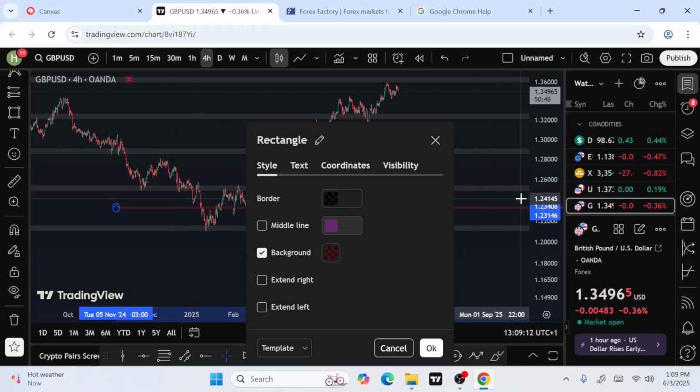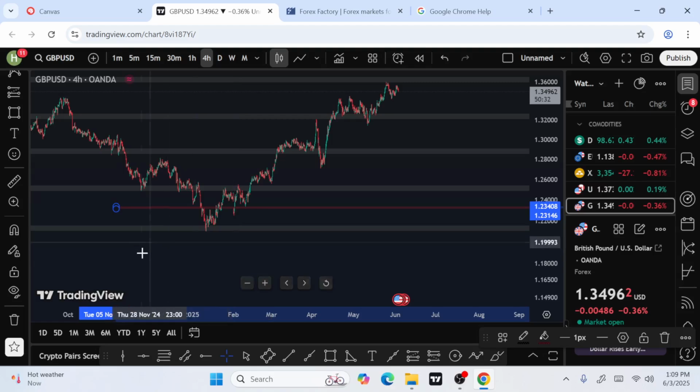Okay, let me return it back. If you extend right, it's going to extend from that point at which it got to into the future. It's still the same thing, anyhow you want to do it. So you press OK. Now once you've done it, you can see that it's in between what.